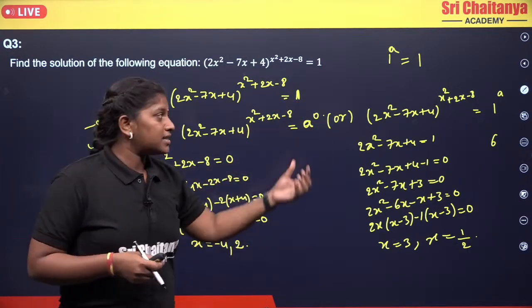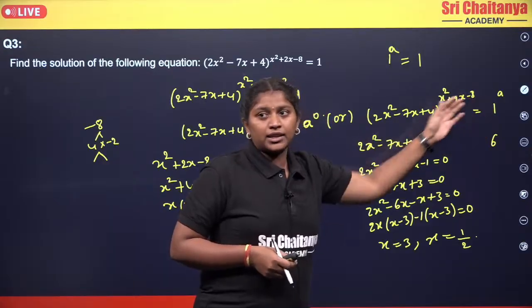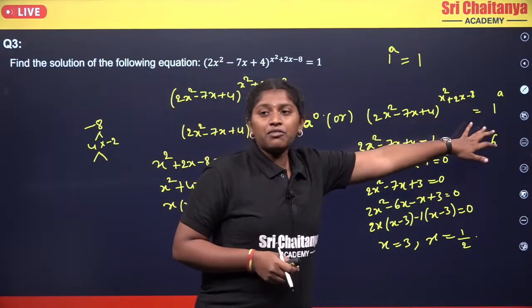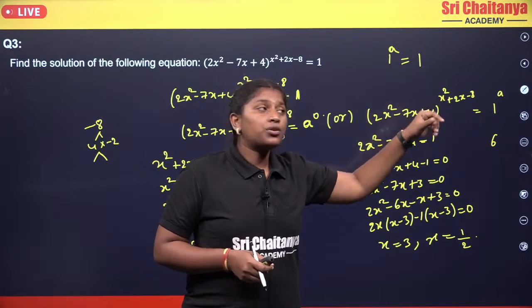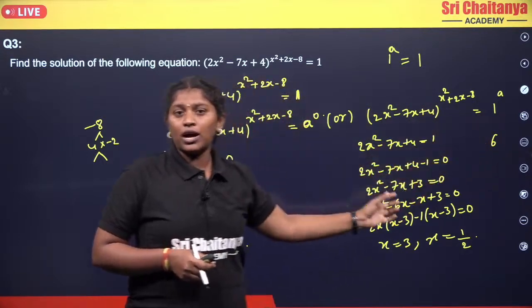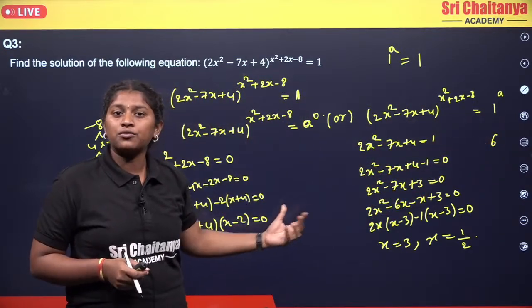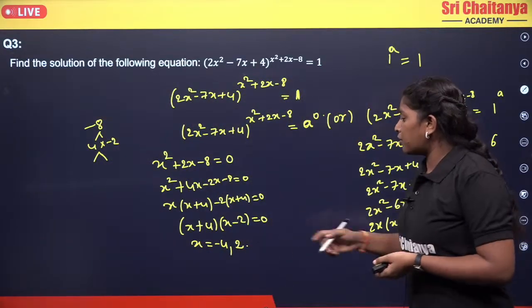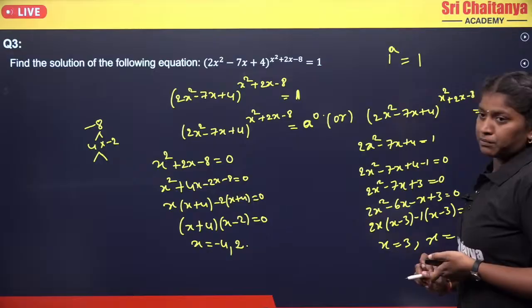There is another chance that 1 to the power anything, like 1 to the power 5 or 1 to the power 6, will also give you 1 only, right? So we take 1 to the power anything also, and from there also you will get values of x. Clear? So the possible values of x are −4, 2, 3 and 1/2.